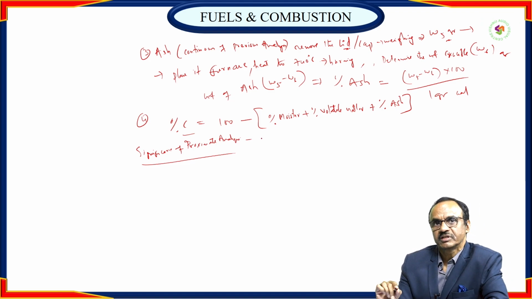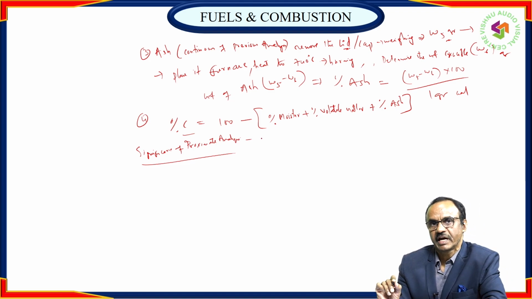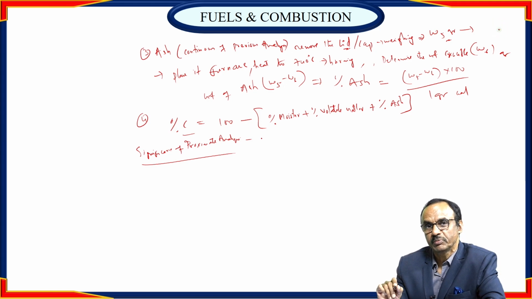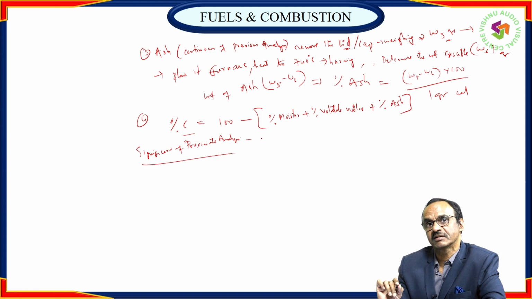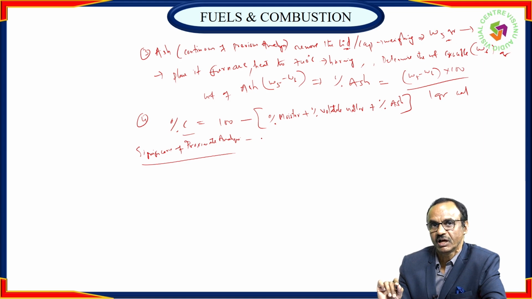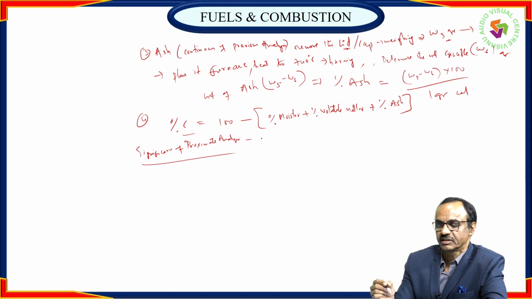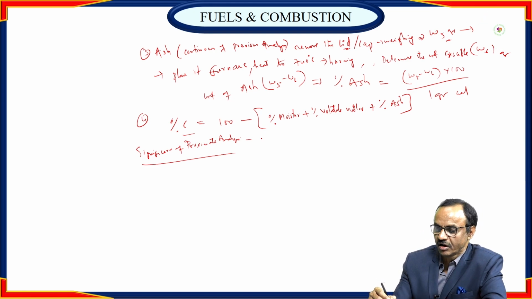Presence of moisture is undesirable because the higher the content of moisture, the lower will be the effective calorific value. During combustion, if the fuel contains moisture, it will evaporate. For evaporation, it utilizes delta H, the heat content liberated during combustion. Therefore, net calorific value or effective calorific value decreases. Presence of moisture is undesirable.